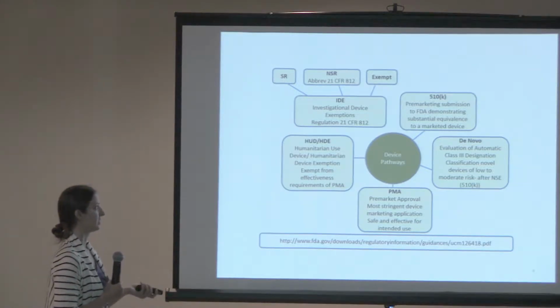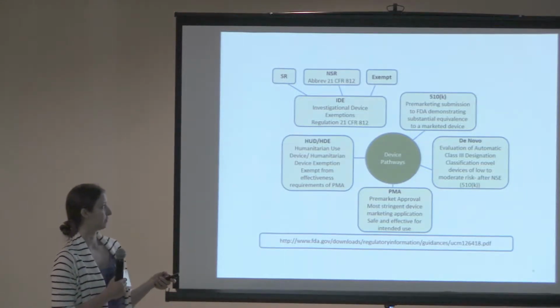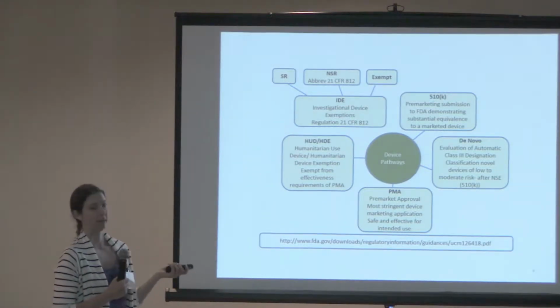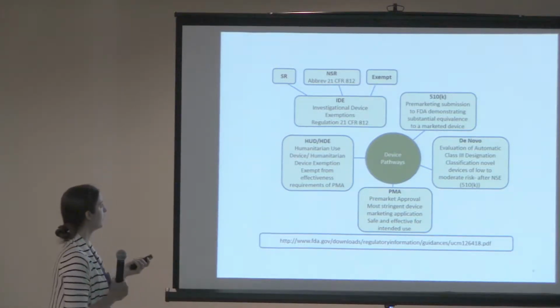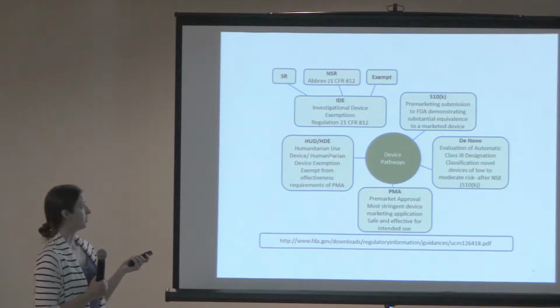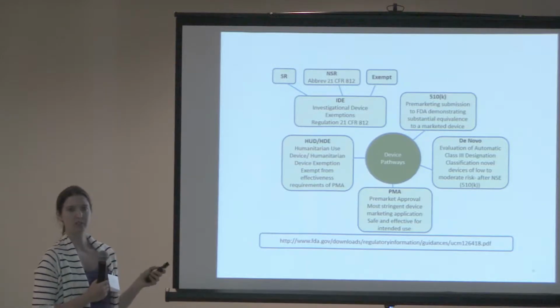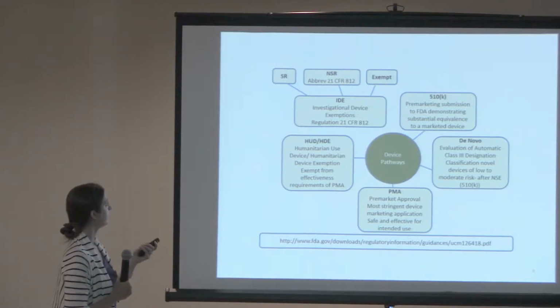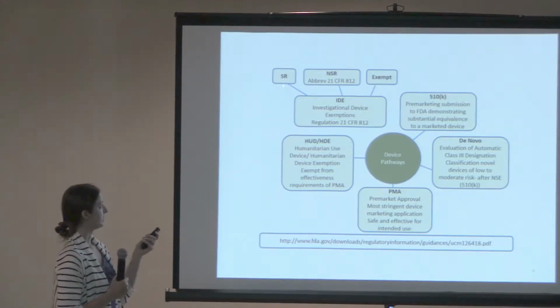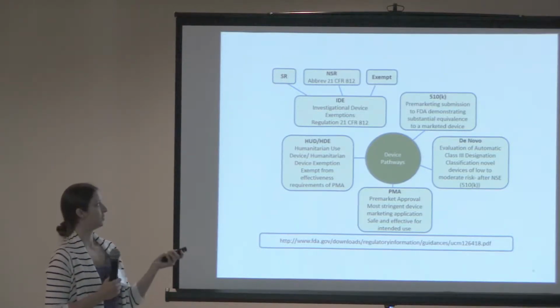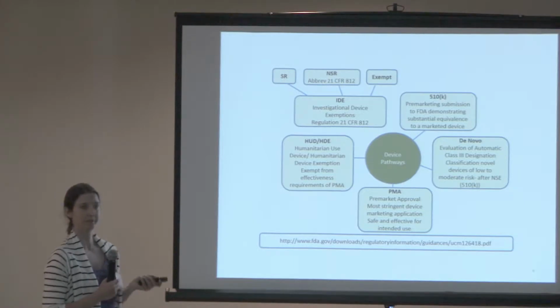It involves Class 3 designation classification for novel devices where they don't fit into the other categories, like a 510K. There's a humanitarian use device or exemptions, and those are usually Class 2, 3 devices as well. And the IDE process is part of getting it approved into one of these categories.